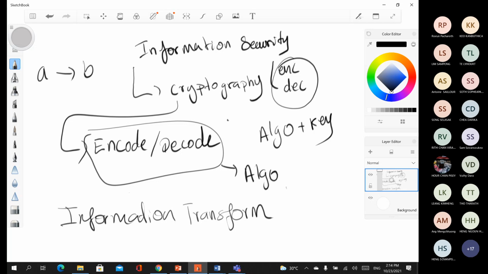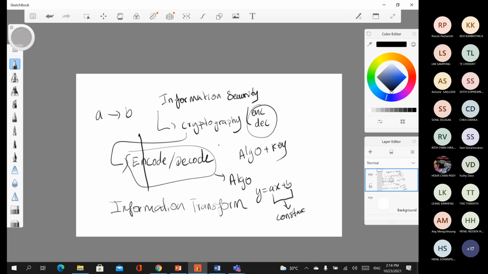in this one, you have y equals a x plus b, where a and b are constants. So in our system, we do not need any key. You just need input x and you can get y. Sorry, so for cryptography, we need an algorithm and a key.